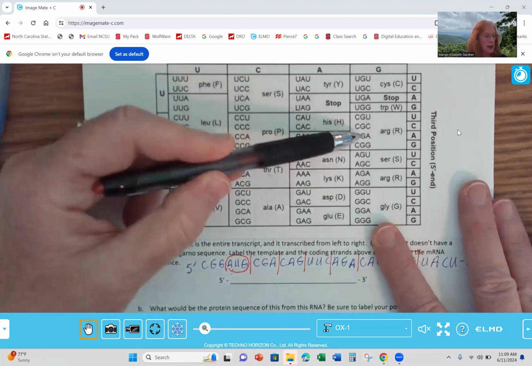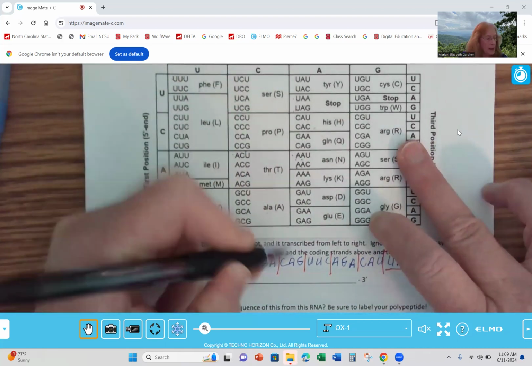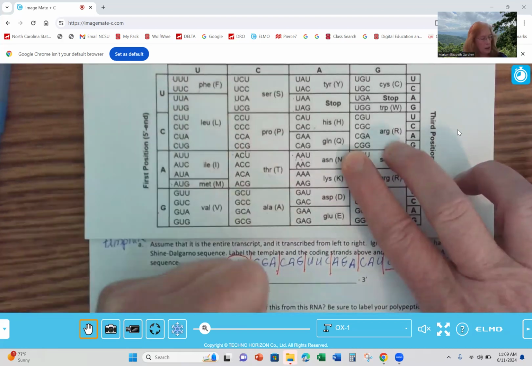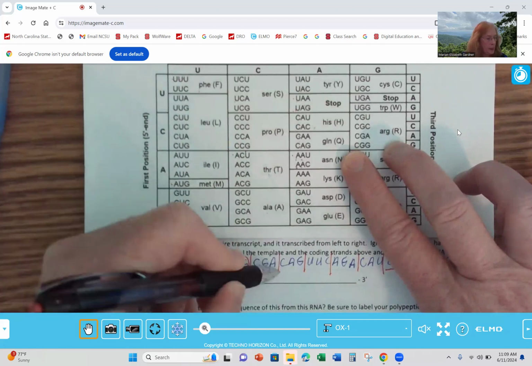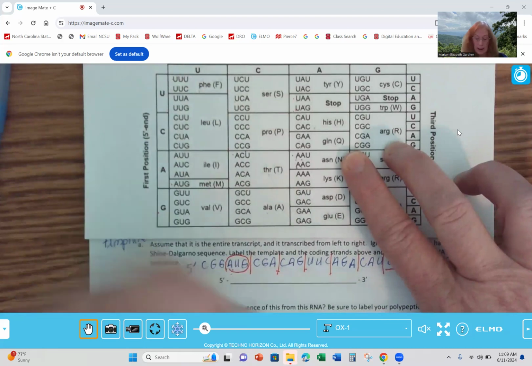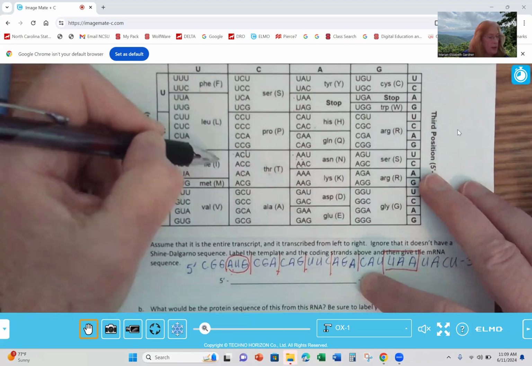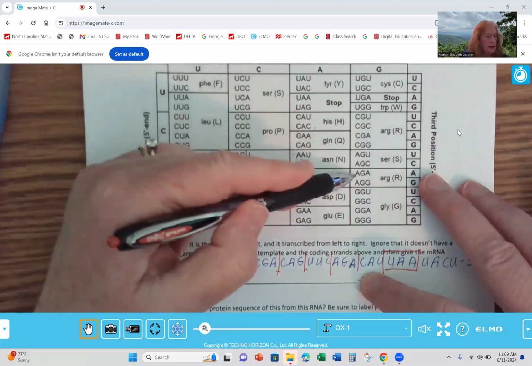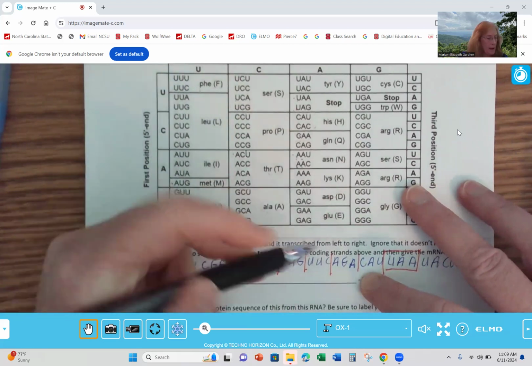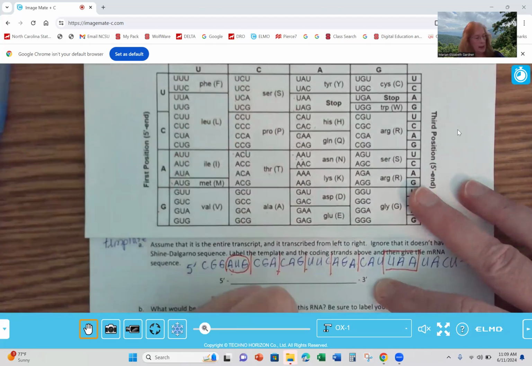CGA codes for arginine, R. CAG codes for glutamine, Q. UUC codes for phenylalanine, F. AGA codes for arginine, R. And CAU codes for histidine, H.